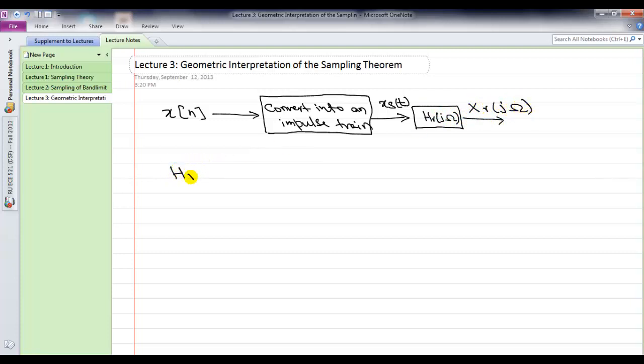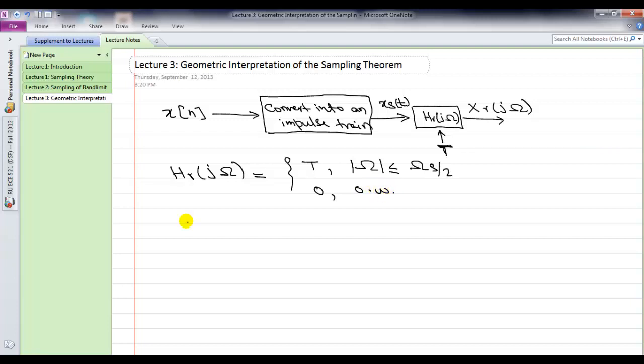where this Hr(j omega) is an ideal reconstruction filter, which is given by T for absolute value of omega less than or equal to omega s over 2. So there is something going in there, which is the sampling period T, and it's 0 otherwise.